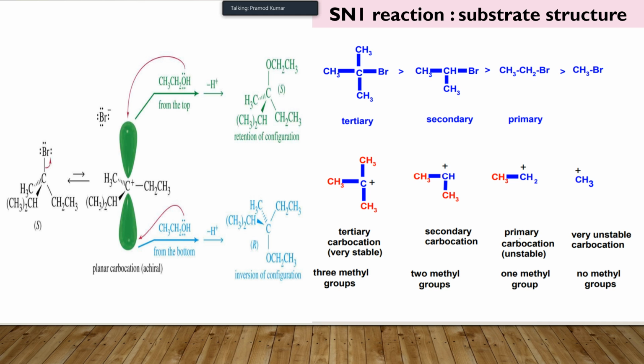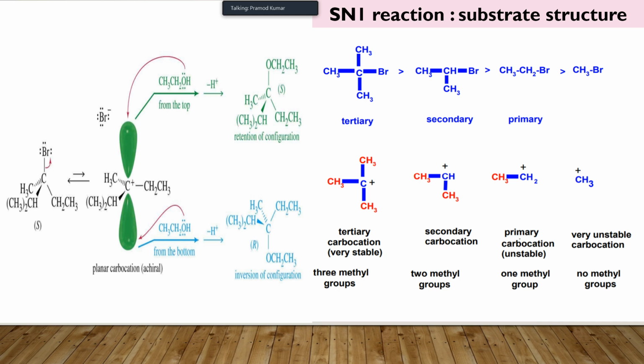Now, as for the substrate, as you've seen, the SN1 reaction is favored by a bulkier substituent group, so that it stabilizes your carbocation. Tertiary alkyl halide undergoes cleavage to form a tertiary carbocation, secondary forms a secondary carbocation, primary forms a primary carbocation, and methyl bromide gives a methyl carbocation.